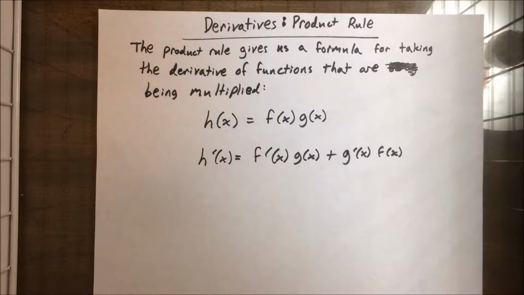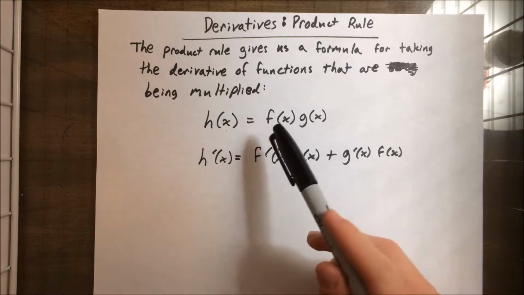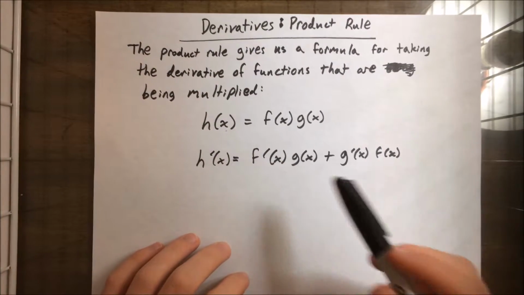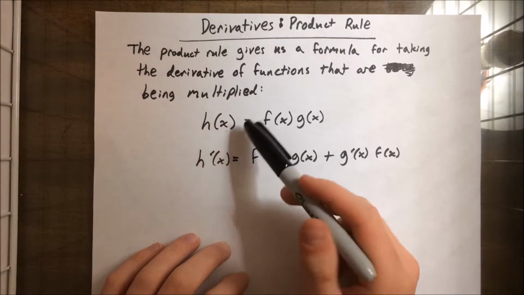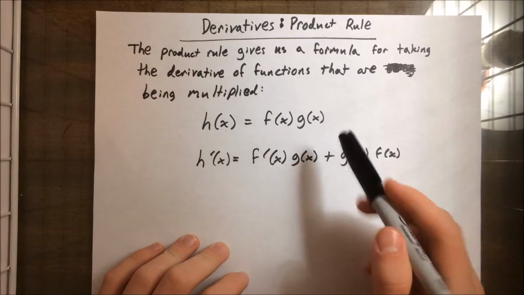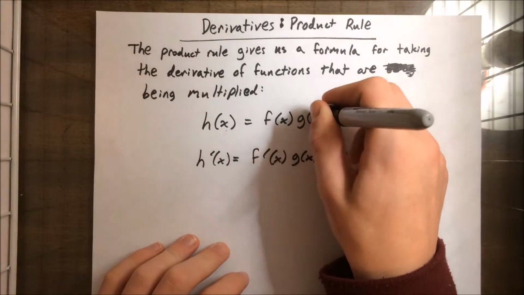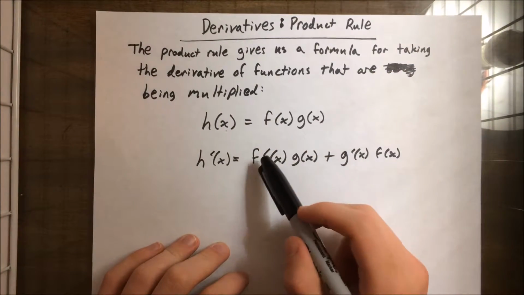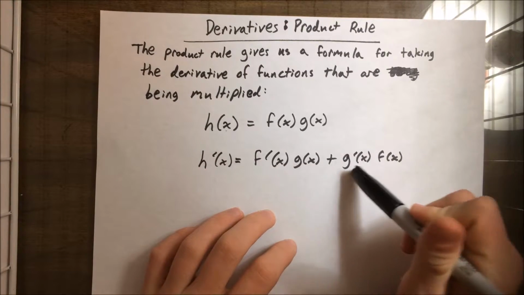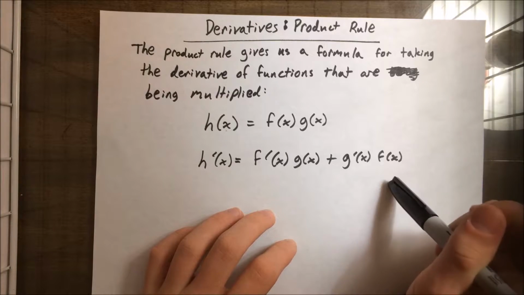So the product rule helps us when we're trying to take the derivative, but otherwise we couldn't because the two functions are being multiplied. So the product rule lets us know that taking the derivative of these two functions being multiplied gives us the derivative of the first times the second plus the derivative of the second times the first.